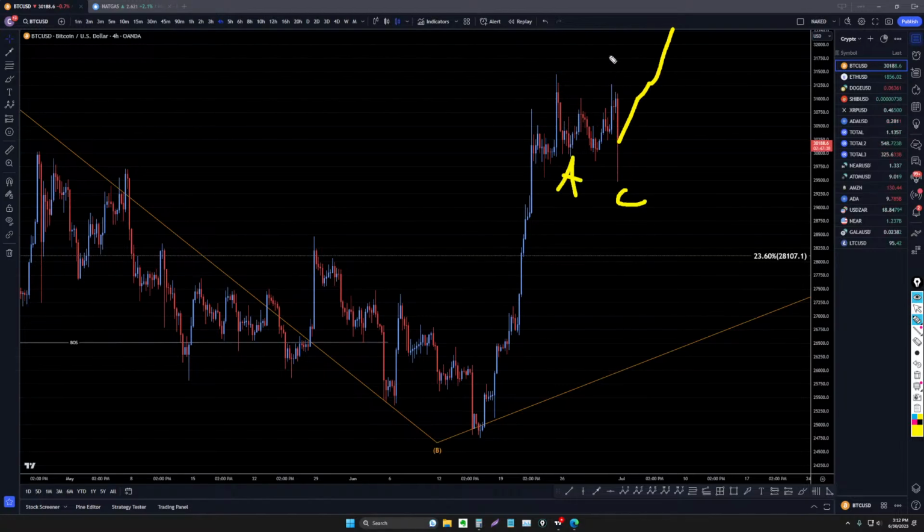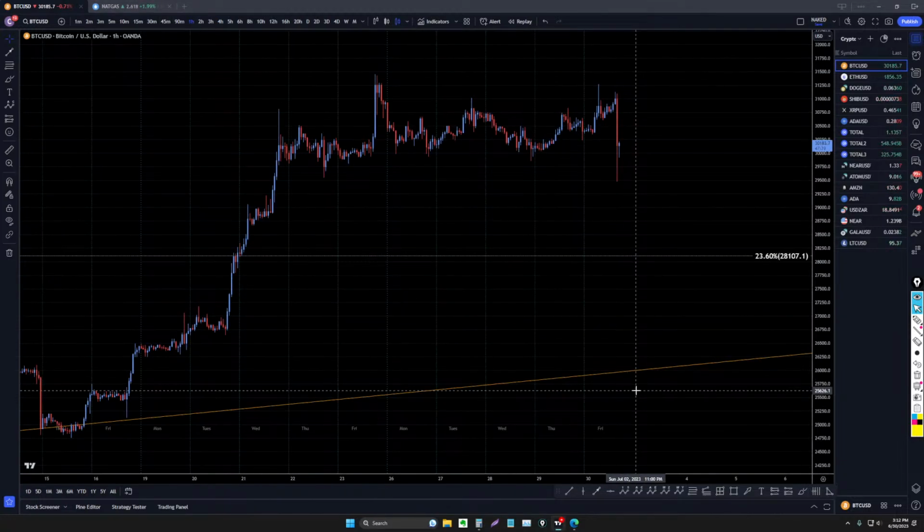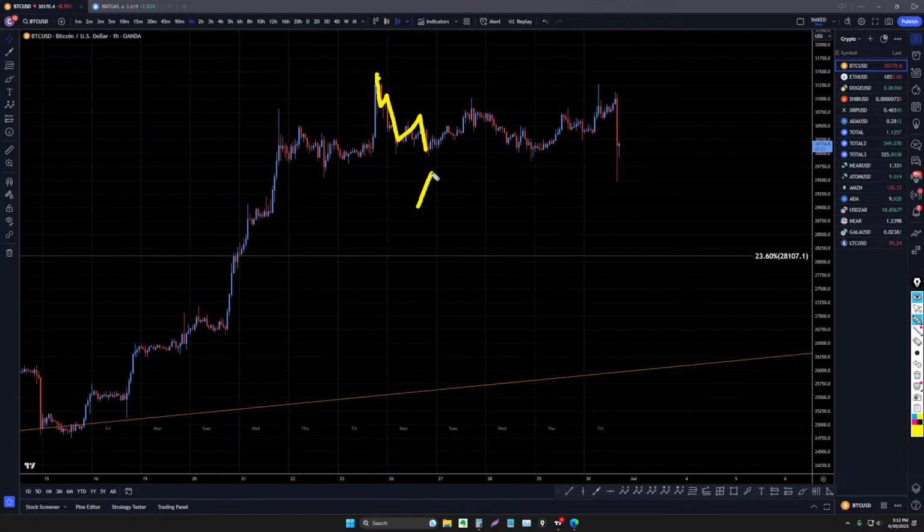A, B, and C. One hour time frame. Yeah, that could be a spike reversal. Look at that. It's like a 1, 2, 3, 4, 5 of A, B, C of B.